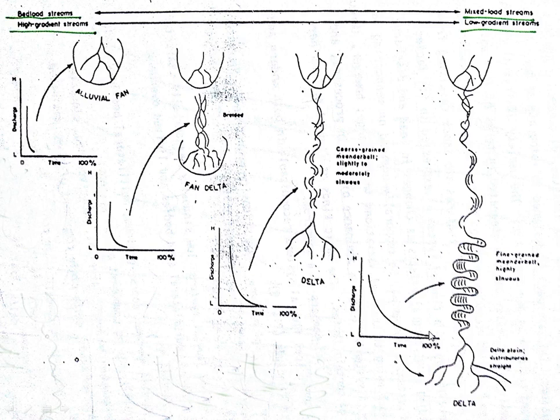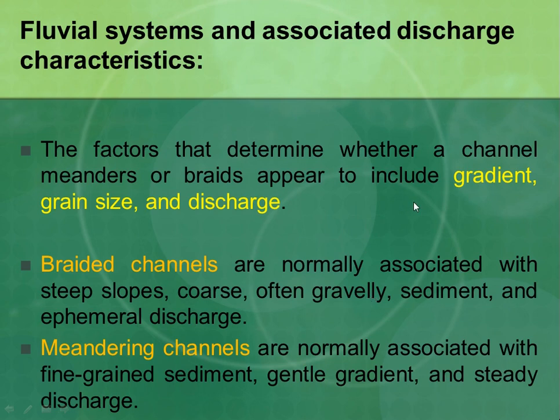So the same thing is important to understand when we see these different types of fluvial systems. So one of the factors which controls the type of fluvial system that is going to exist is the rate of discharge. Apart from rate of discharge, the other parameters are gradient and grain size. So these 3 important factors decide whether the river is going to be a braided river or a meandering river.